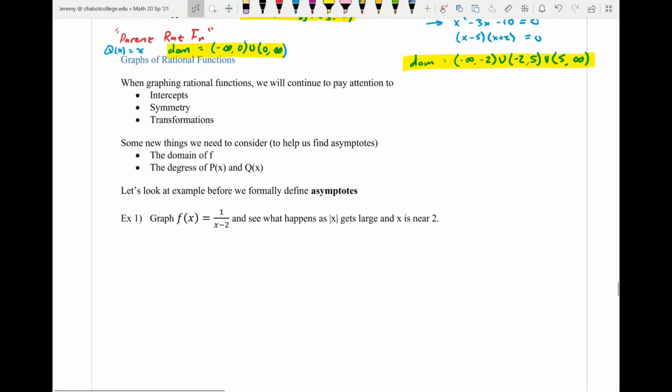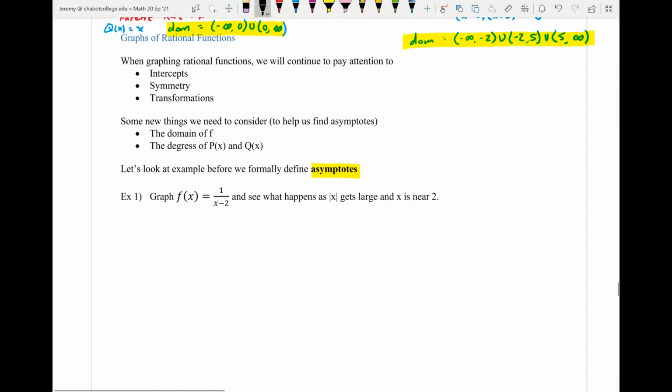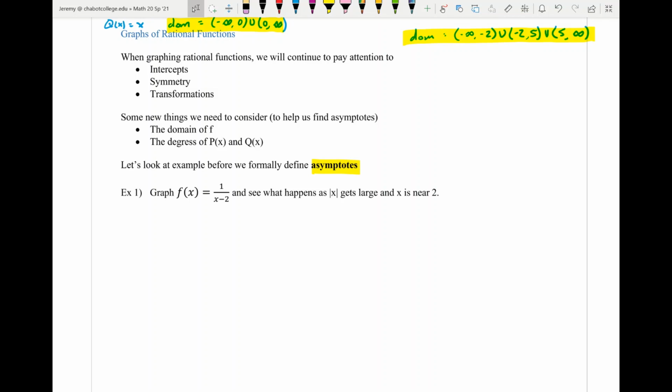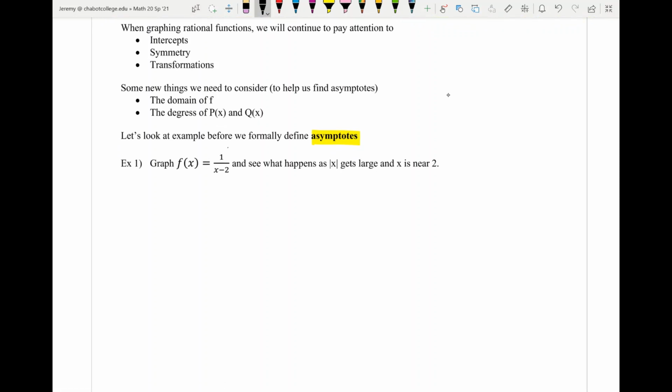Before we get into asymptotes, which is going to be the big takeaway from section 3.6, let's just look at a real basic example here. We want to graph f of x equals 1 over x minus 2 and see what happens as the absolute value of x gets large, and what happens when x is close to 2.